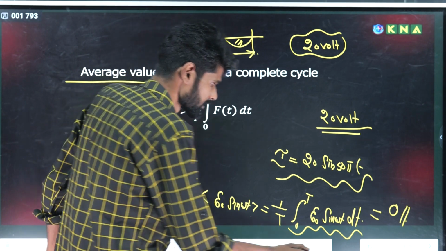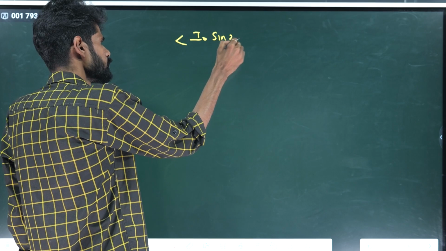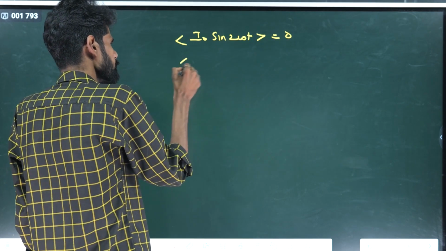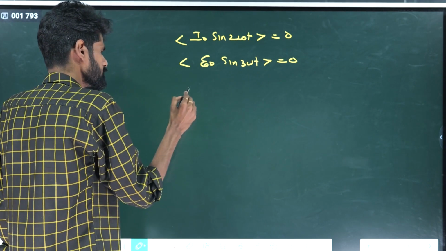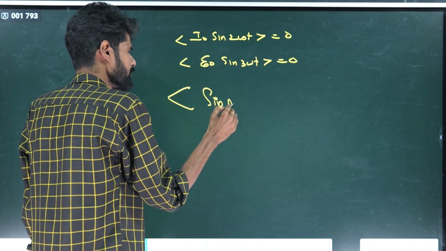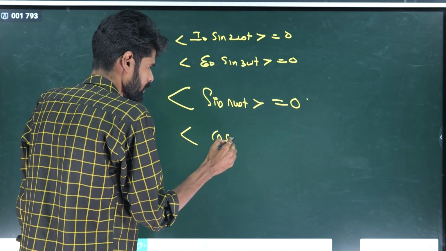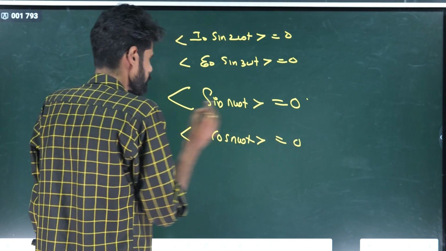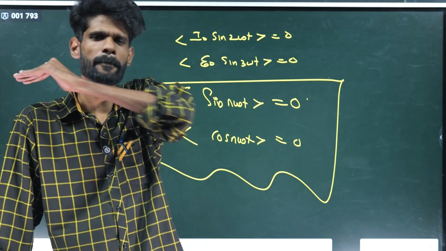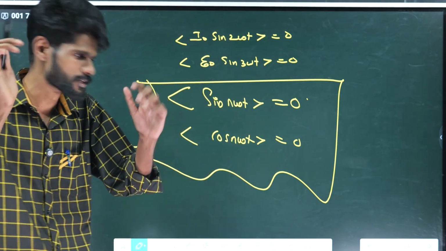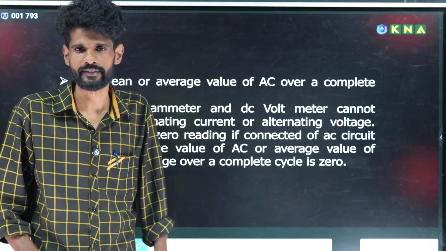Similarly, I naught sin 2 omega t is equal to 0, E naught sin 3 omega t is equal to 0. In general, the average value of sin n omega t is equal to 0, and also the average value of cos n omega t is equal to 0. So the average value of an alternating quantity over a complete cycle is always equal to 0.